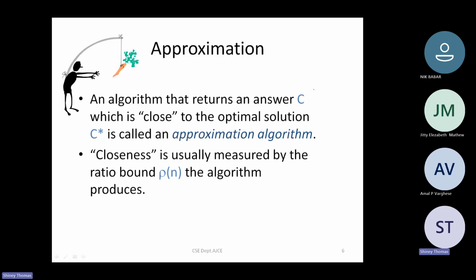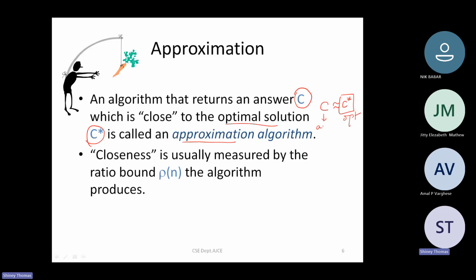So C is the approximate solution and C star is the optimal solution, and C is approximately close to the optimal solution C star.